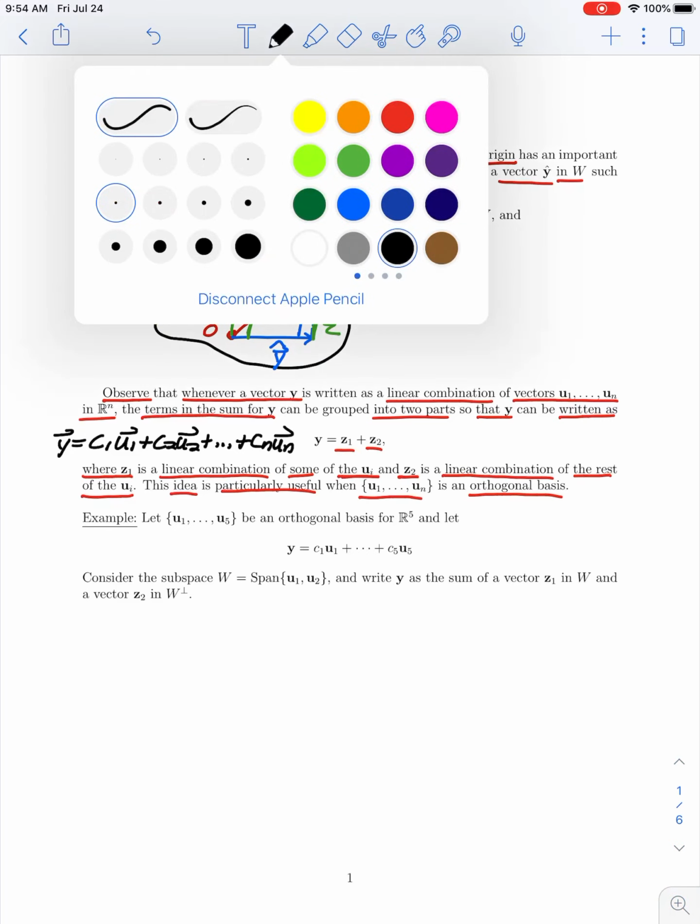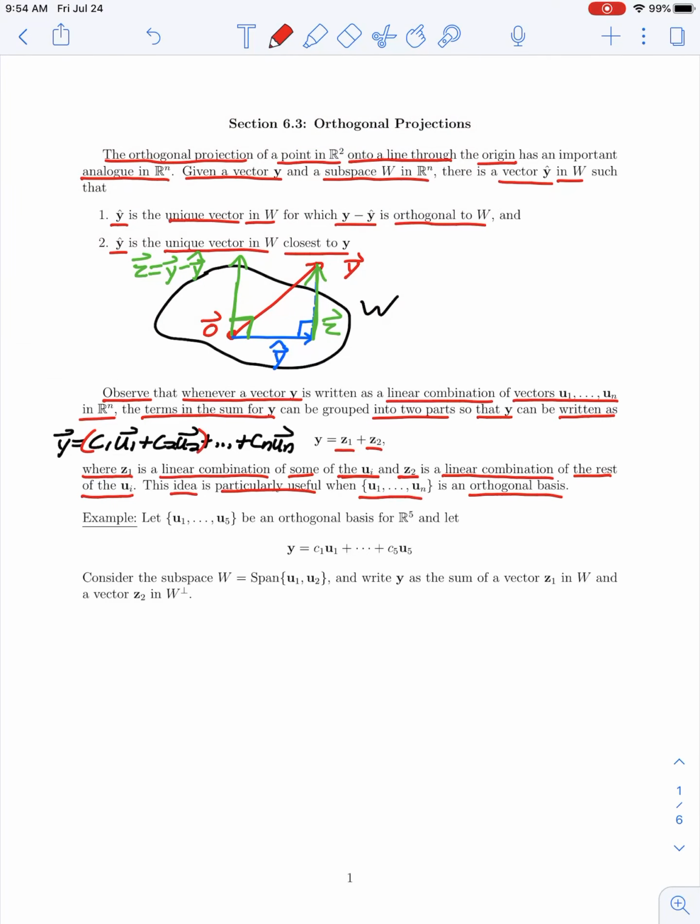If I group certain terms together, say maybe my first two terms, I could think about the linear combination of the vectors u1 and u2 as being some vector z1, and then all of the remaining terms I could think of as some vector z2. And in the event that we have an orthogonal basis, it turns out that we can decompose y into a sum of two vectors, one which lies in a subspace W and one which is orthogonal to that space.